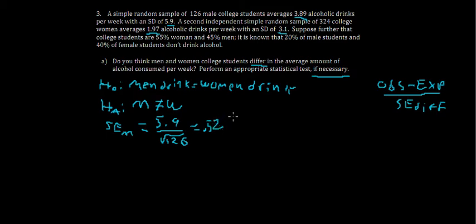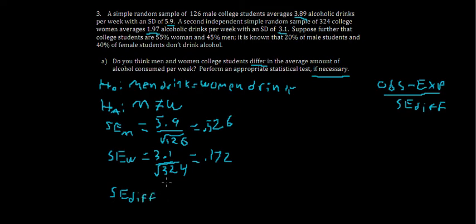and that is approximately 0.526. And the SE for women is the sample SD, so that's 3.1, divided by square root of how many of them we sampled, which is 324. So that's equal to 0.172. So then what's the SE for the difference?